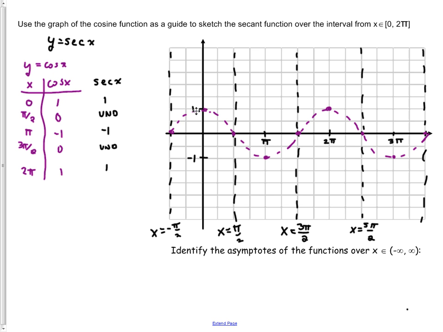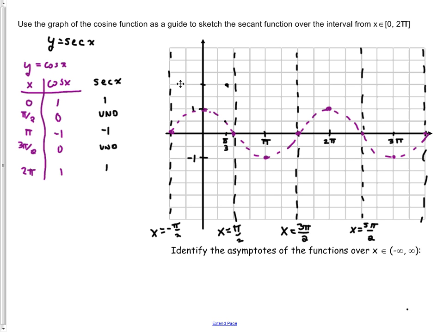Just like with our sine function, where we took the reciprocals to get cosecant, in the secant function we're going to take the reciprocal of our cosines. For example, at the value of pi over 3, cosine is equal to 1/2, so secant of pi over 3 equals 2.